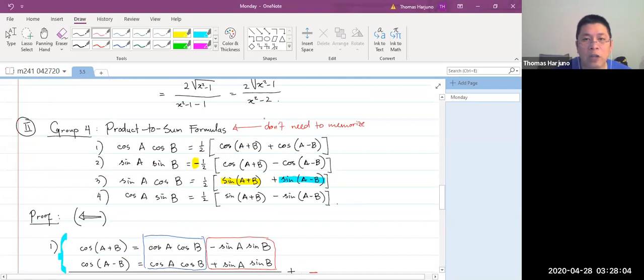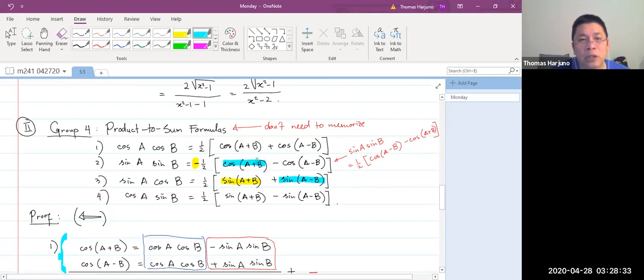So our textbook version is this: sine A sine B equals 1/2 of cosine difference minus cosine sum. You see, so they actually reverse the order of the subtraction.